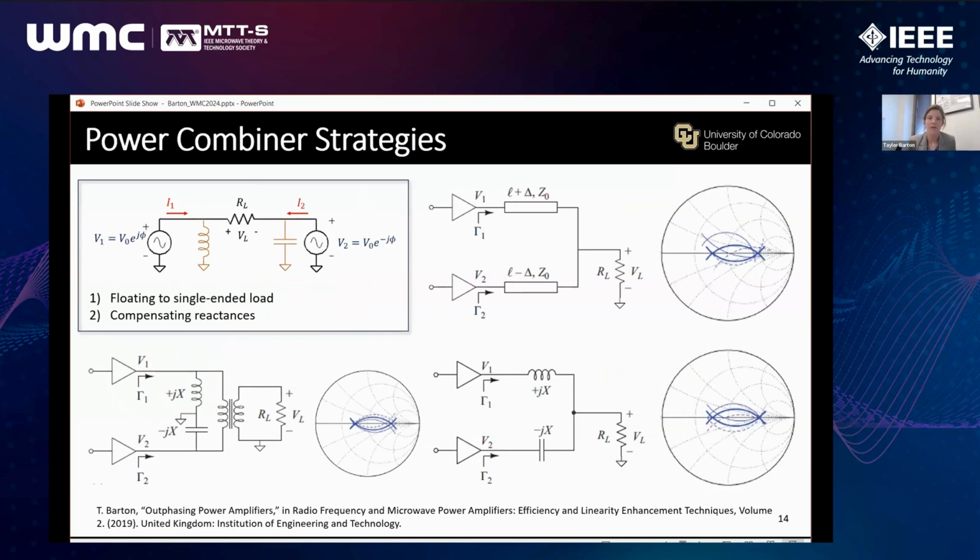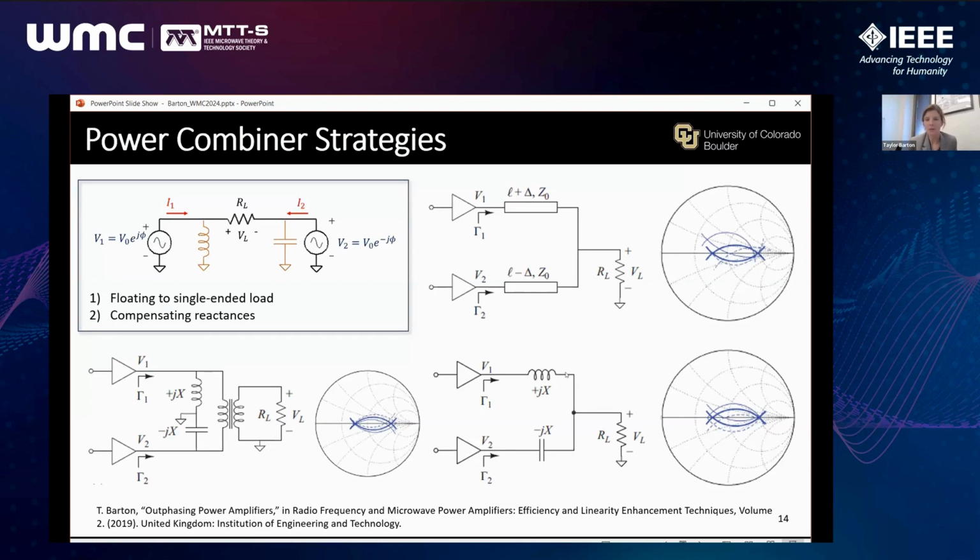So the original outphasing was like transformers and shunt reactances. We don't see this so much now in hybrid PAs, but actually my group has done a version of this in MMIC, because once you get up to 30 gigahertz, you can do an edge-coupled transformer, and this kind of technique becomes attractive again.